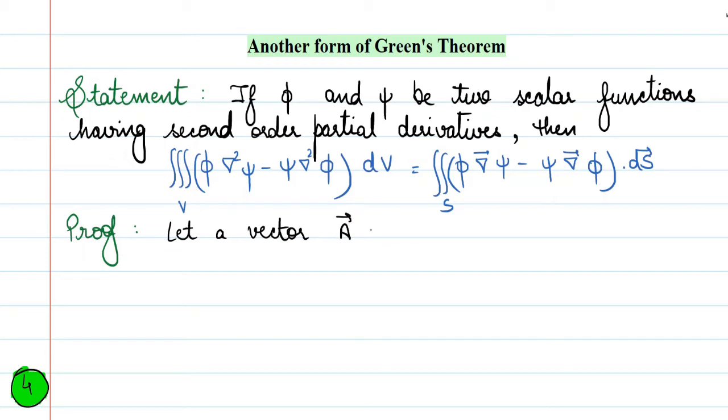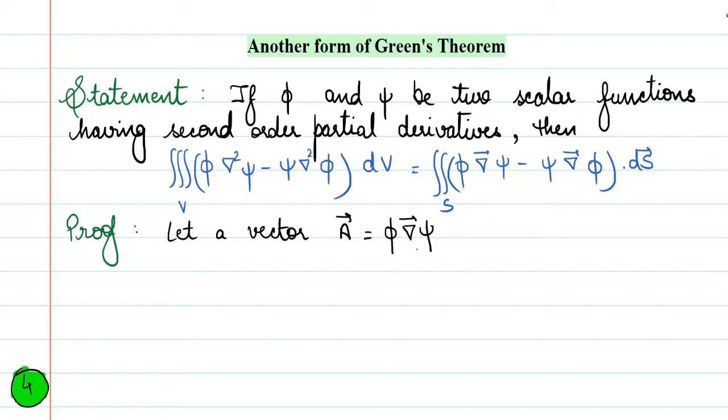So here we are choosing a vector which is made up of these scalar functions. Let's have a look. The vector A looks like phi del psi. We know we can have gradient of a scalar function, and gradient of a scalar function is a vector quantity. So we can easily relate any gradient of scalar function to a vector.